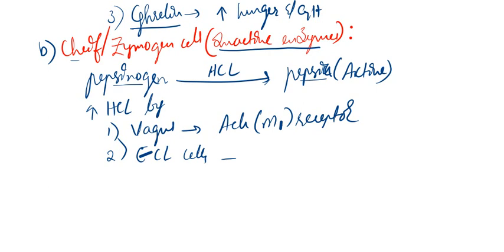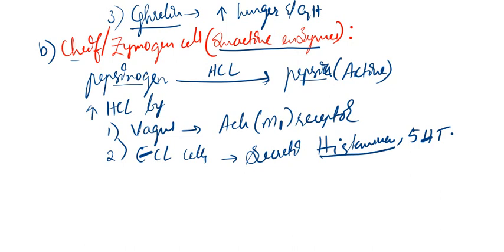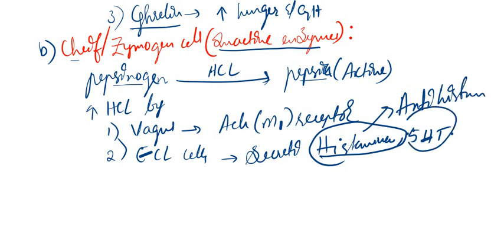ECL cells means enterochromaffin-like cells. They secrete histamine as well as 5-hydroxytryptamine. In pharmacology we will discuss antihistaminics as well as 5-hydroxytryptamine antagonists. So one minute, I will come back after two minutes.